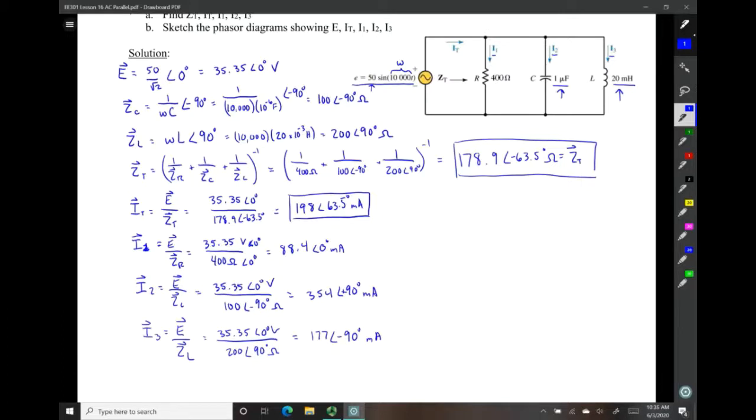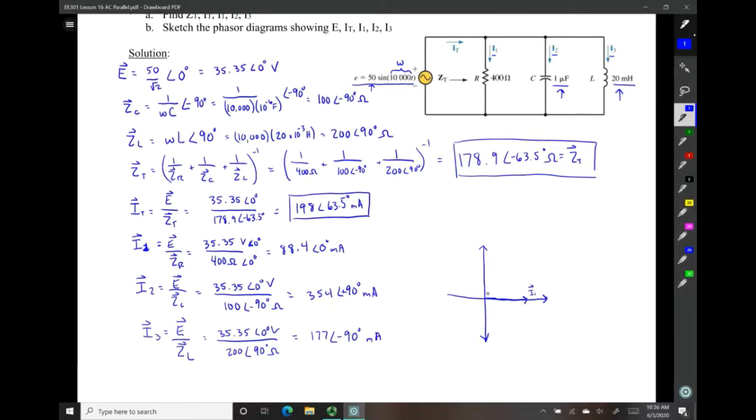Okay, so if we draw a phasor diagram, we'll have I1 at 0 degrees, so it'll be along this real axis, and I'll put that right there.